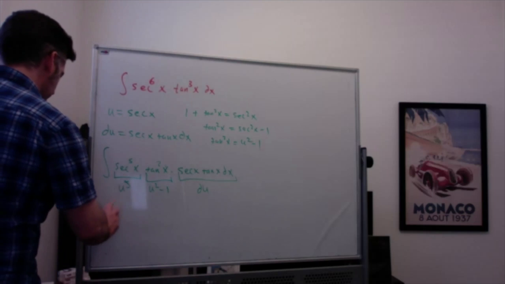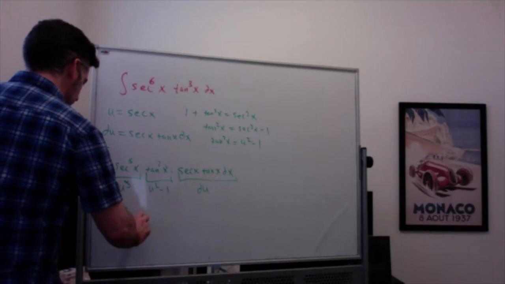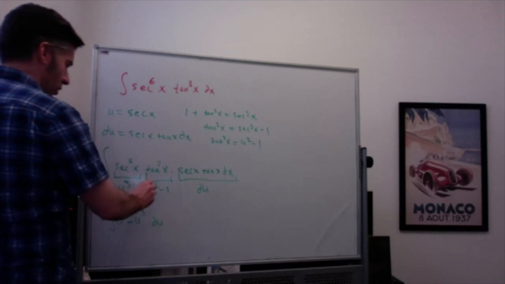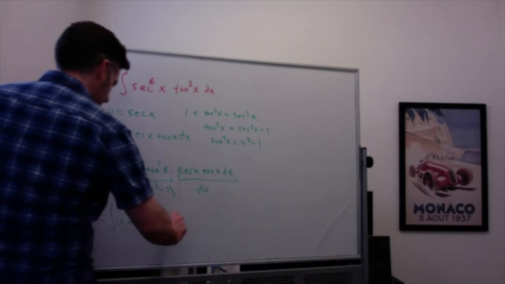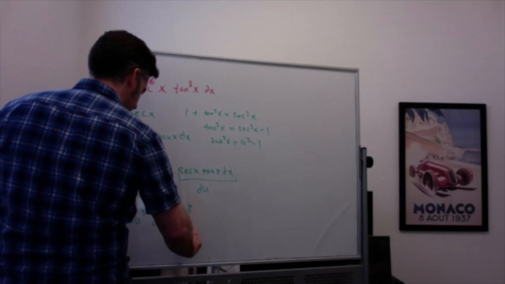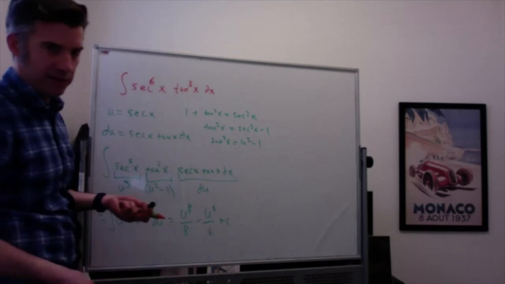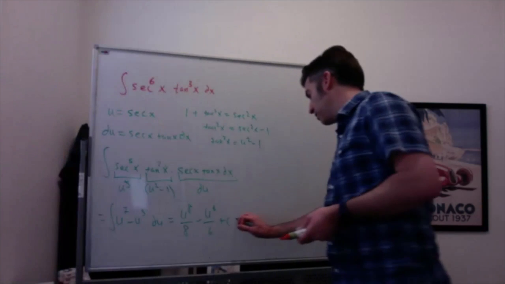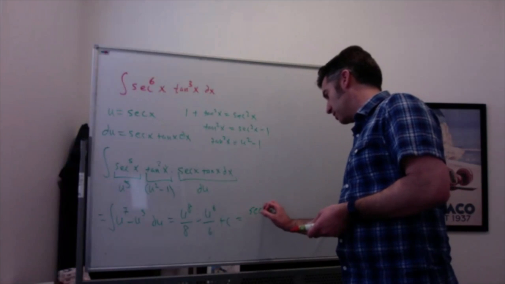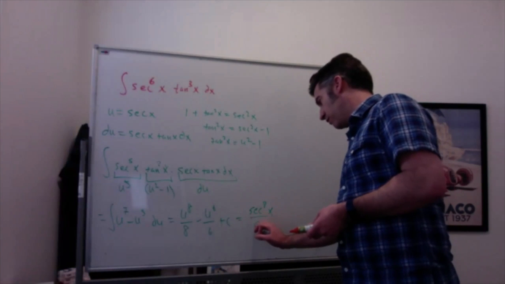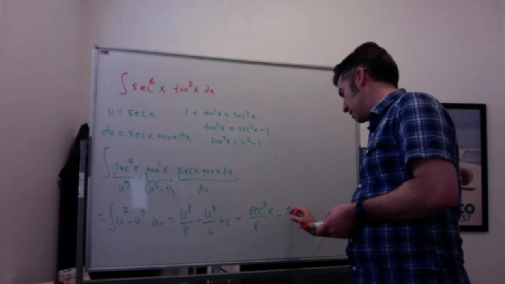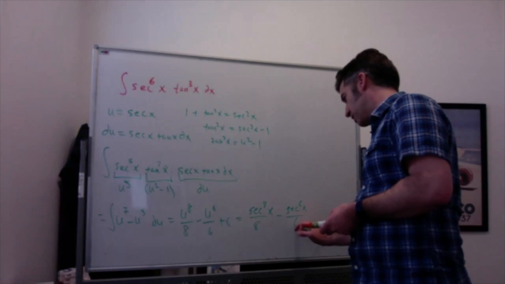You're going to get the integral of u to the seventh minus u to the fifth, multiplying this out. And then integrating, you get u to the eighth over 8 minus u to the sixth over 6 plus c. And finally, you plug back in secant, and you get secant to the eighth x over 8 minus secant to the sixth x over 6 plus c.